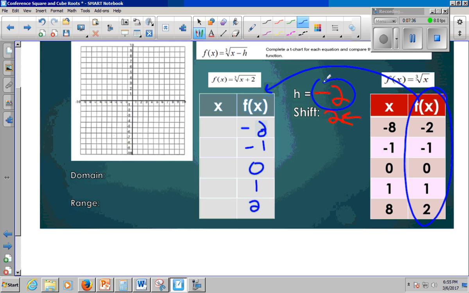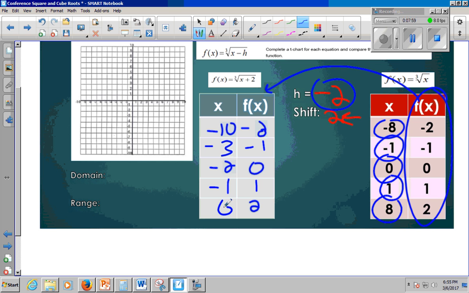If I subtract 2 from each one of my x column, I'll get my new x column with the shift. So -8 minus 2 is -10. -1 minus 2, -3. 0 minus 2, -2. 1 minus 2, -1. And 8 minus 2 is 6.